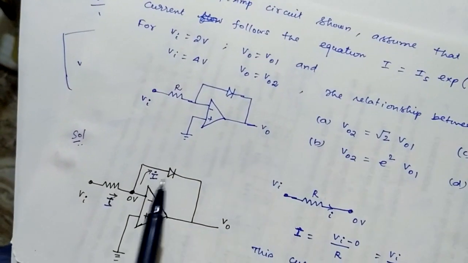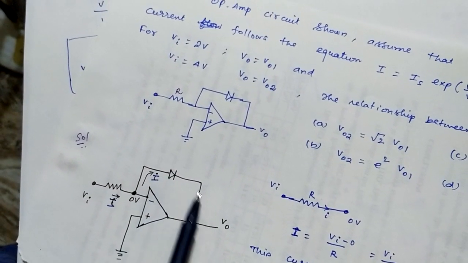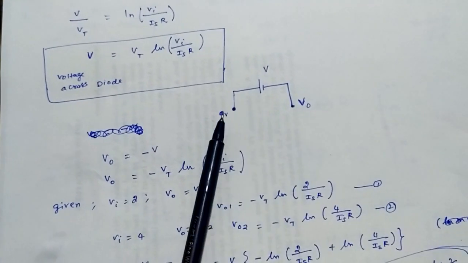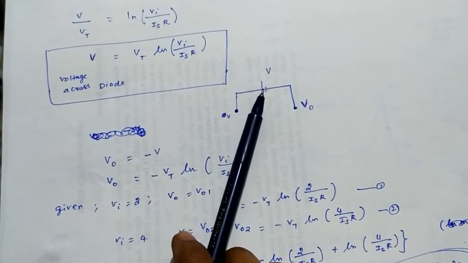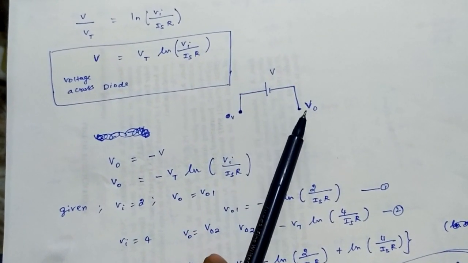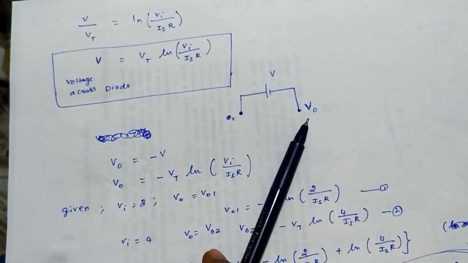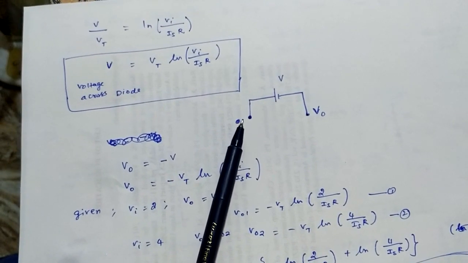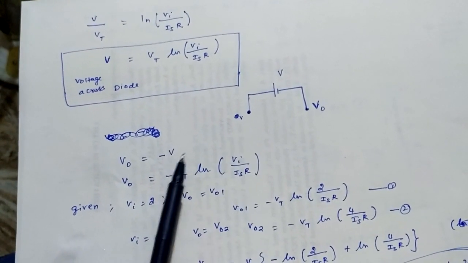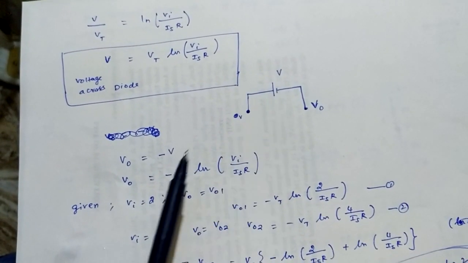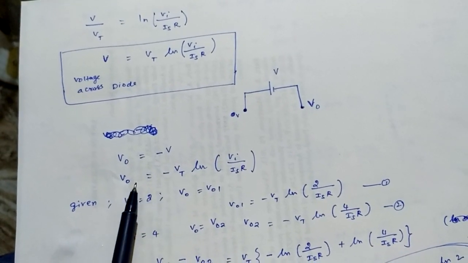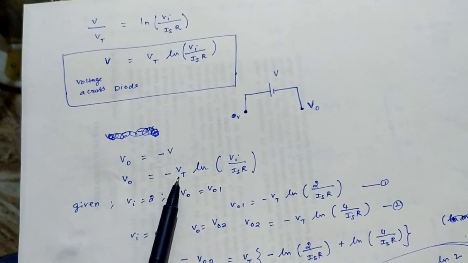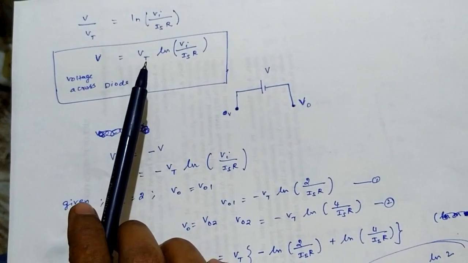That is, we have a 0 volt diode and V0. The output voltage is nothing but this diode voltage, since it is 0 volt. So the diode voltage is V, but the output voltage is taken at the negative terminal, so minus V. Therefore the output voltage is equal to minus V, as we calculated.